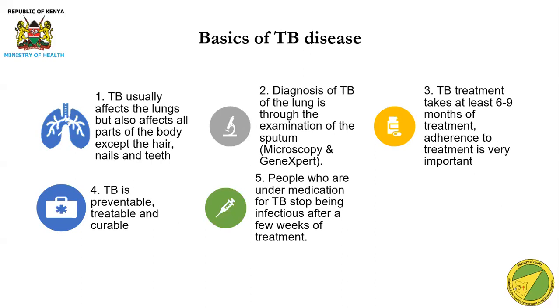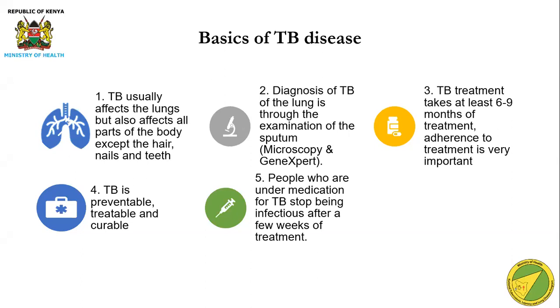The basics of TB disease: TB usually affects the lungs, in the majority of cases, but it can also affect all other parts of the body, except the nails and the teeth. So every other part of the body can be affected by TB. Diagnosis of TB of the lung, called pulmonary TB, is through the examination of the sputum, either using microscopy or GeneXpert.